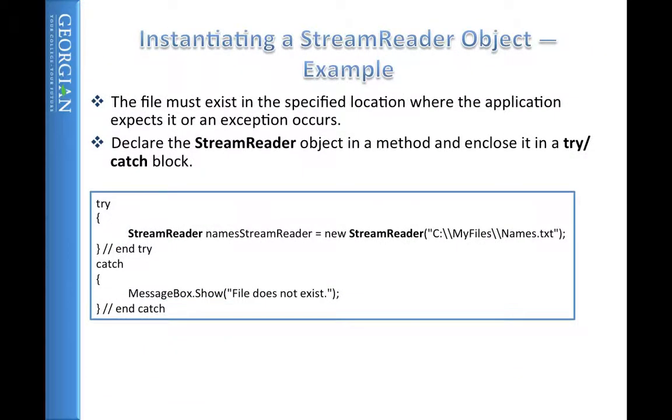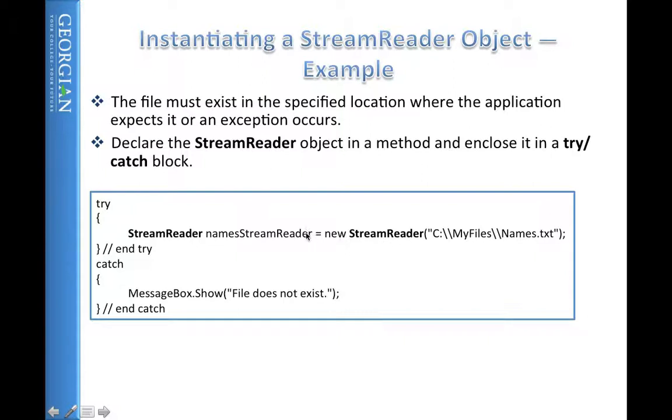Okay, so here's an example. We've got our StreamReader object. We've already associated this name StreamReader as an example, and you could do this part separately. See where it says StreamReader name StreamReader? This is done all together. You're actually associating it with this StreamReader class and instantiating it with the new keyword.